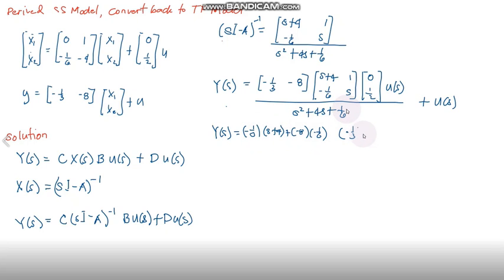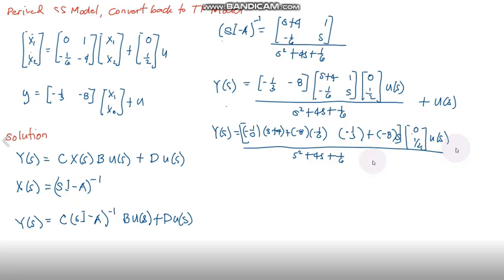The next element is negative 1/3 times 1 plus negative 8 times s. And so that is now the product of these two matrices. Again, copy first: 0 over 1/2, U(s), all over the denominator, plus, of course, the U(s) here.